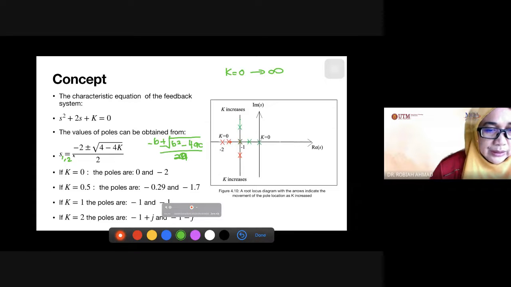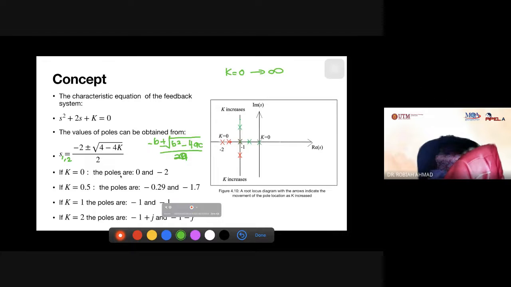Okay, jadi bila kita solvekan these problems, kita akan dapati bila K equal to 0, square root of 4 is equal to 2. So it will be minus 2 plus 2, divided by 2, and minus 2 minus 2, divided by 2. So we will have s1 equal to 0, s2 equal to minus 2.